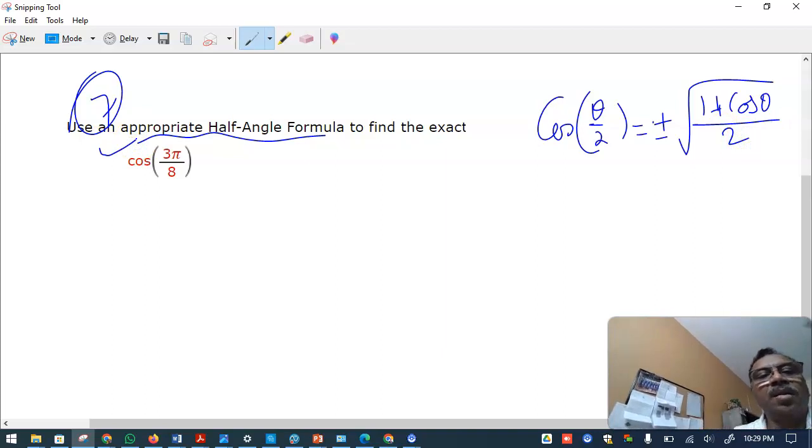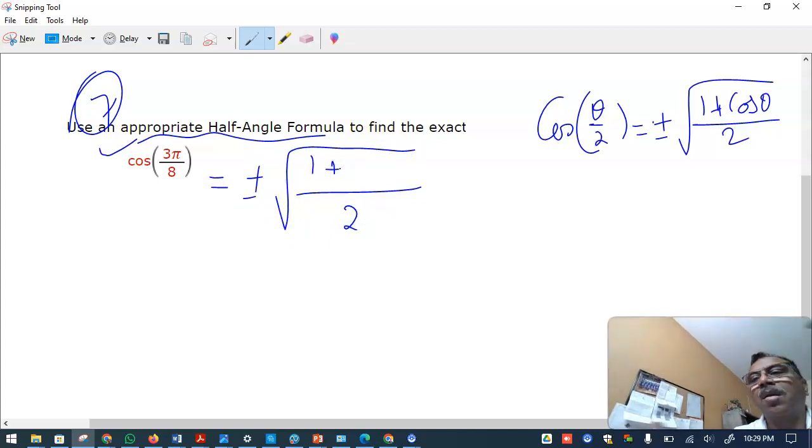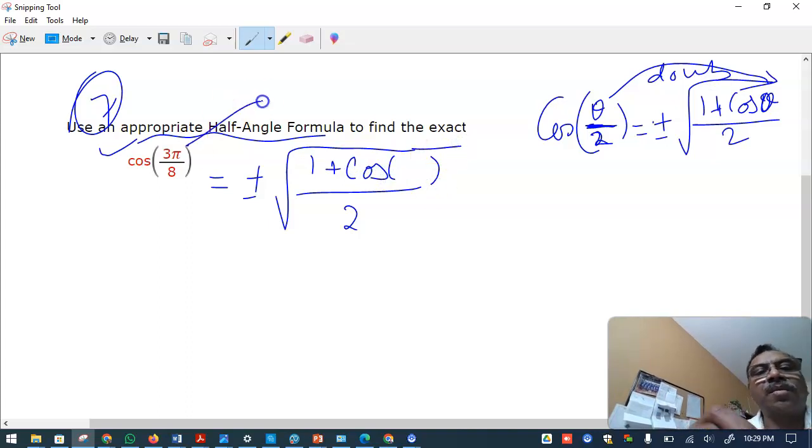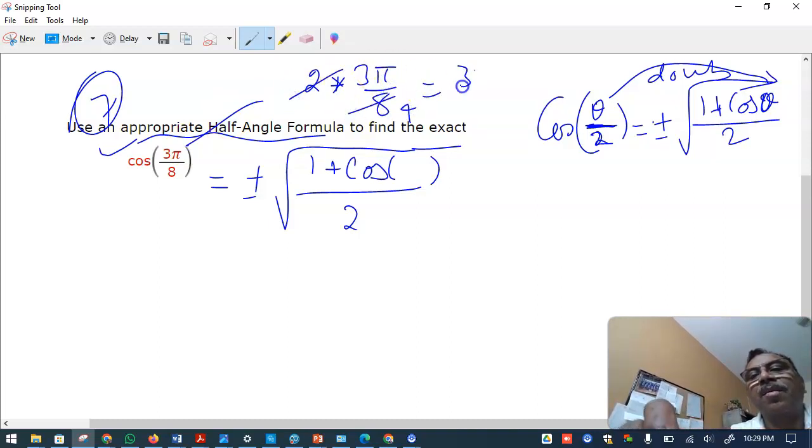When this is theta over 2 and this is theta, it means from here you just double it. So that means this is the cosine of double the angle. You can do some scratch work: 2 times 3 pi by 8 becomes 3 pi by 4.